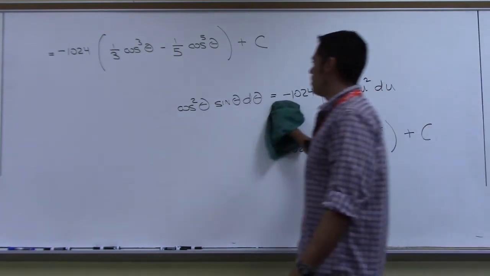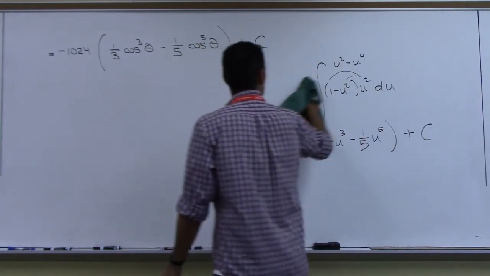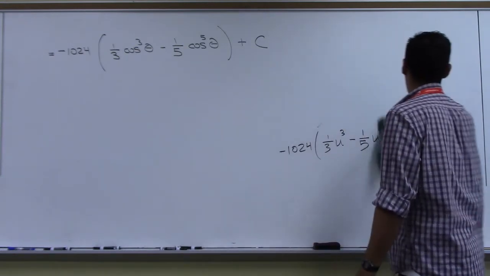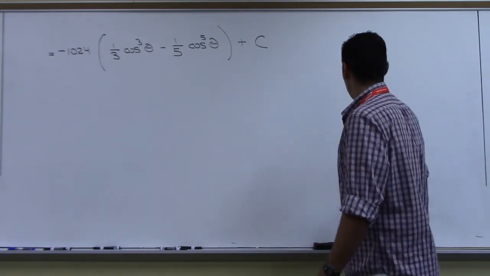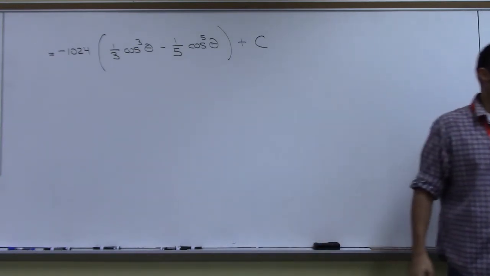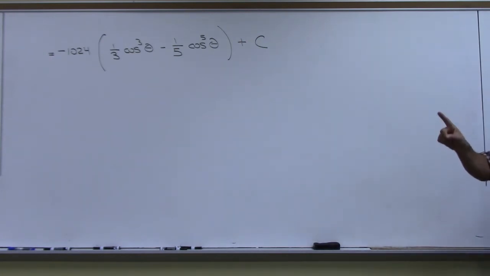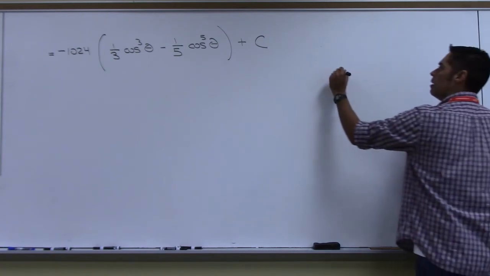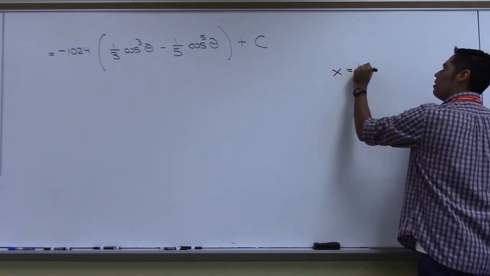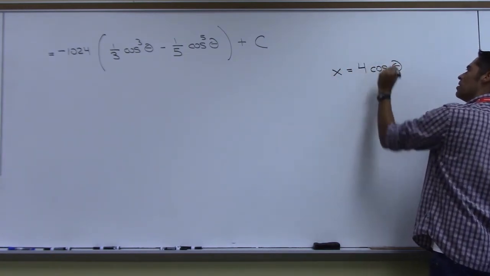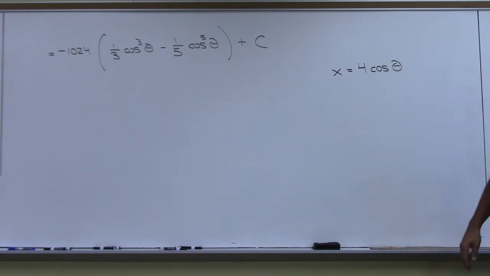Do you know what cosine theta is? So go back. What was your original substitution for x? X was equal to what? 4 cosine theta, wasn't it? Oh, it was 4 sine theta.